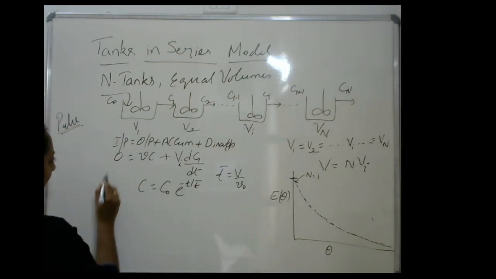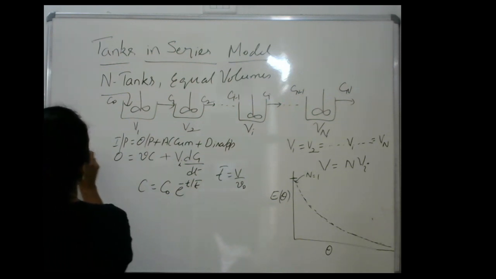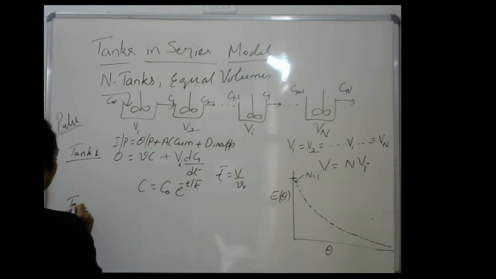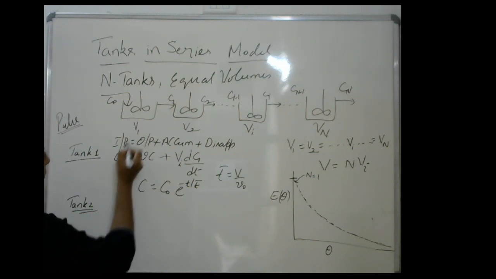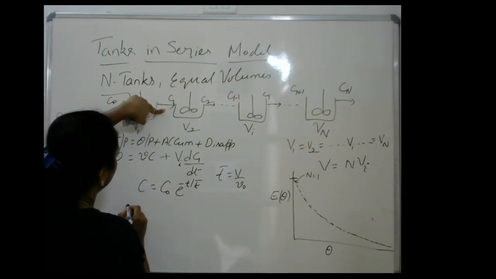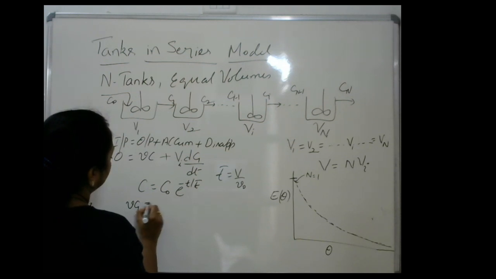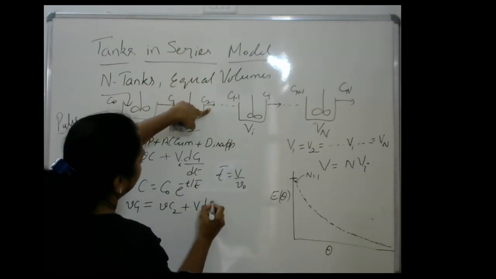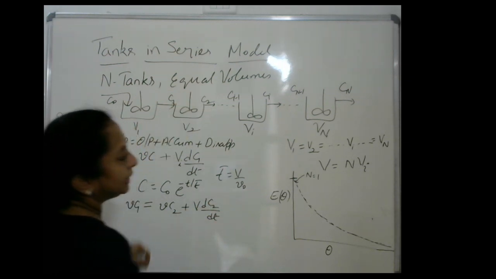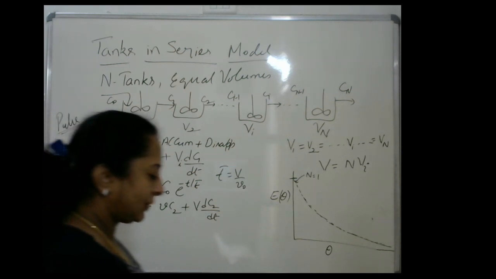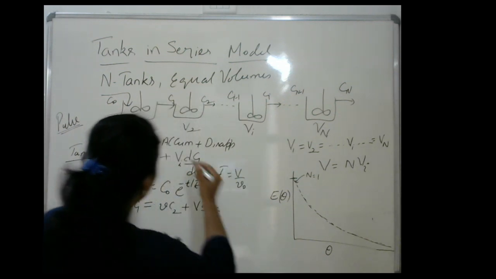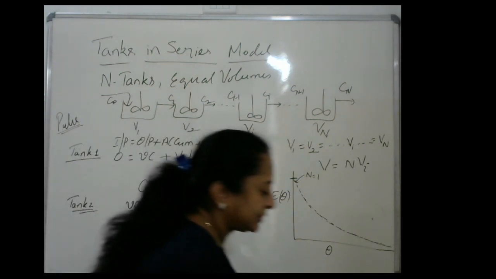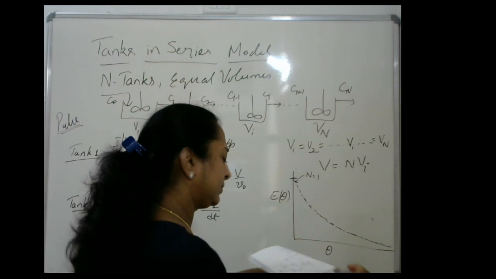Now let me go with the second. This is tank 1, and now tank 2. What is the input to tank 2? It is V into C1. And the output from tank 2 is V into C2 plus V into dC2 by dt. If you solve this equation, with C1 known, C2 will be (t by t bar) times C0 e to the power of minus t by t bar.